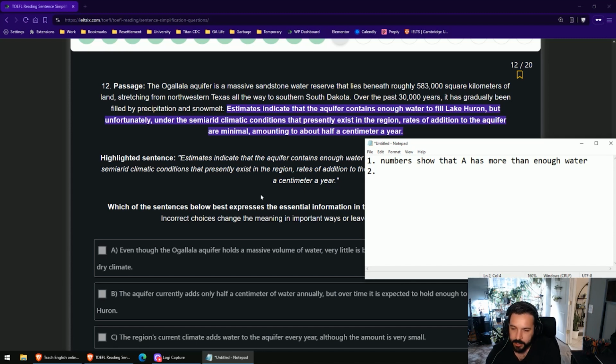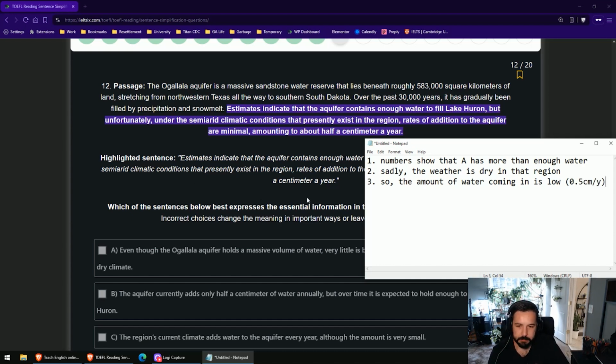Unfortunately, so this is a disadvantage of whatever topic we're talking about, or a flaw, or something going against it. Sadly, the weather is dry, somewhat dry in that region. So, because of the weather, the amount of water coming in or being replaced is small, or little, or low. And 4, actually that's just the amount. So we can just say 0.5 centimeter per year. I don't know if that's how they write it, but who cares?